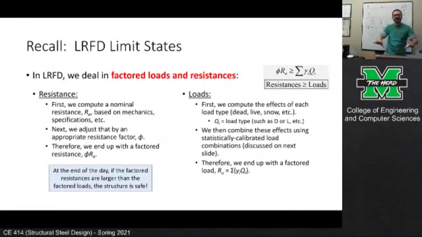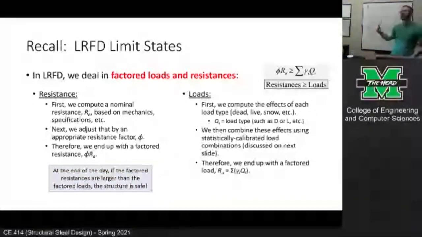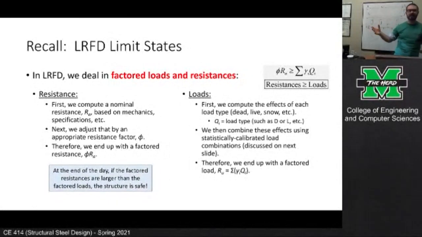Okay. So like I said, today we're going to put together the pieces. Let's talk about the pieces. Remember, our fundamental expression is the LRFD expression for a limit state, and we deal in factored loads and factored resistances. On the load side, we take all of our individual components, our dead load, our live load, etc. We then factor those to obtain a factored load, a PU, if you will, or an RU or MU, just an ultimate load that's been factored according to the various levels of uncertainty.